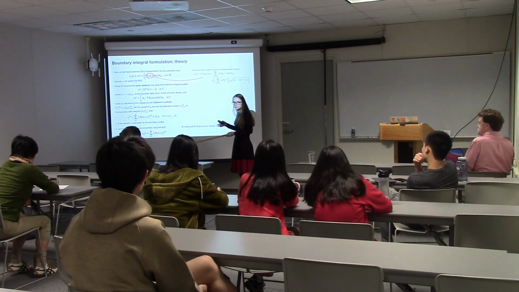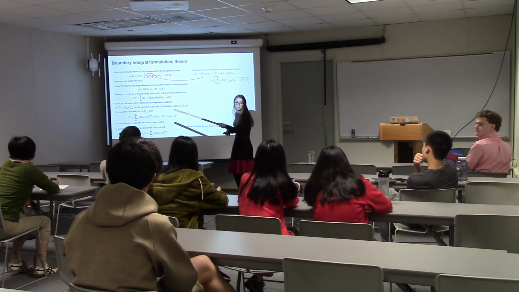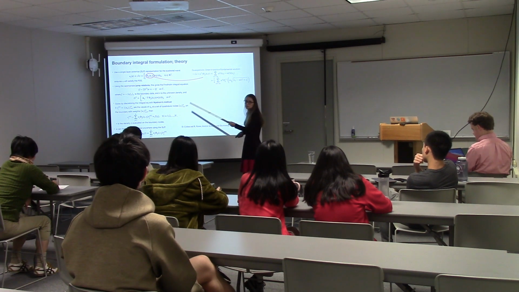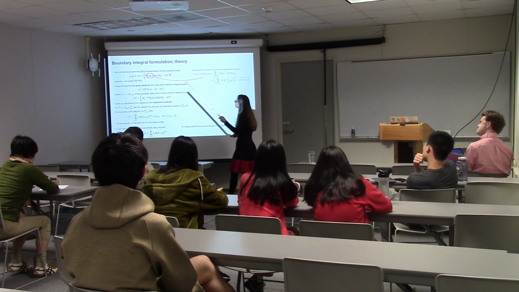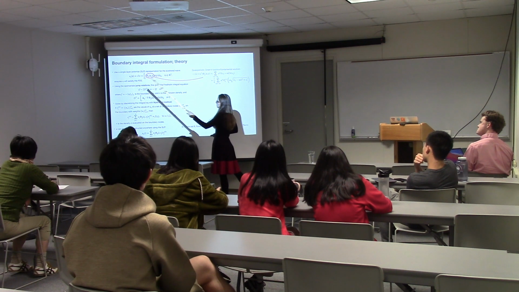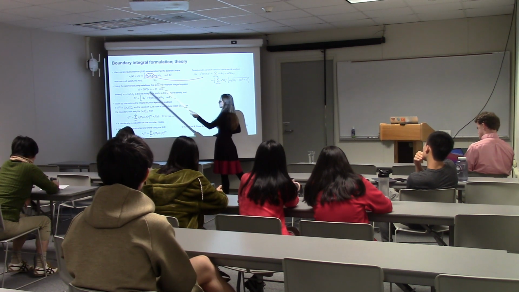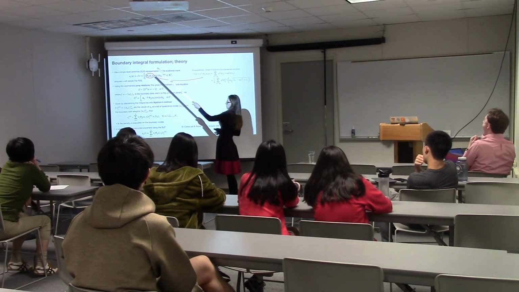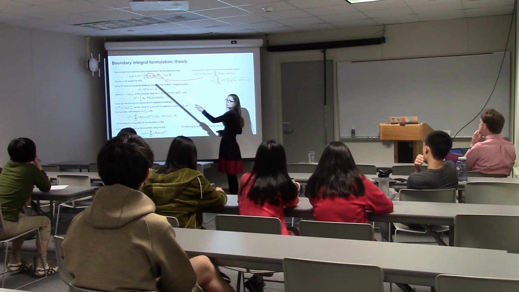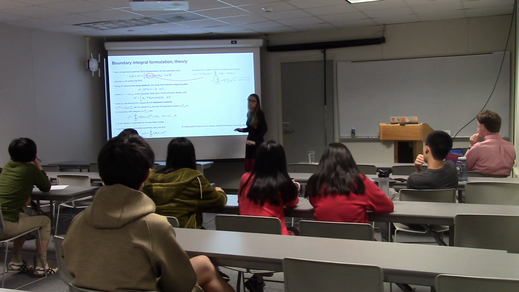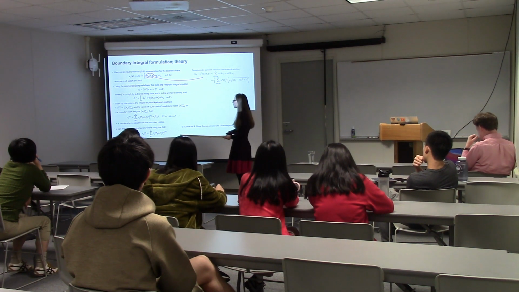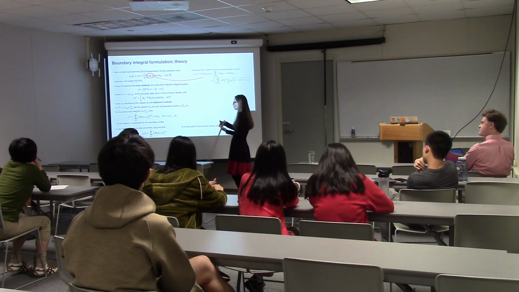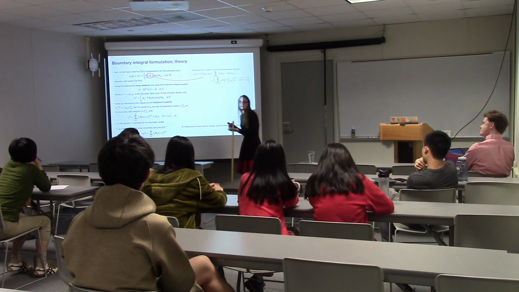But this is still kind of nasty to solve, so we're going to discretize it. That gives you the dense linear system in terms of this unknown density sigma. Once you solve for sigma, you can substitute it back into the single layer potential representation and reconstruct the scattered field anywhere. The discretization is where the challenges arise, right?